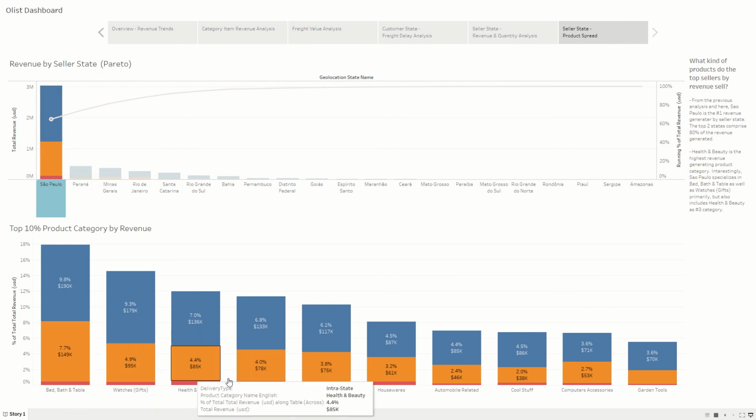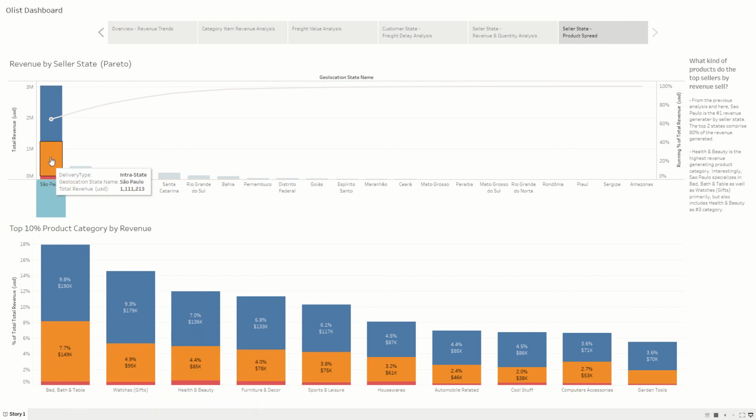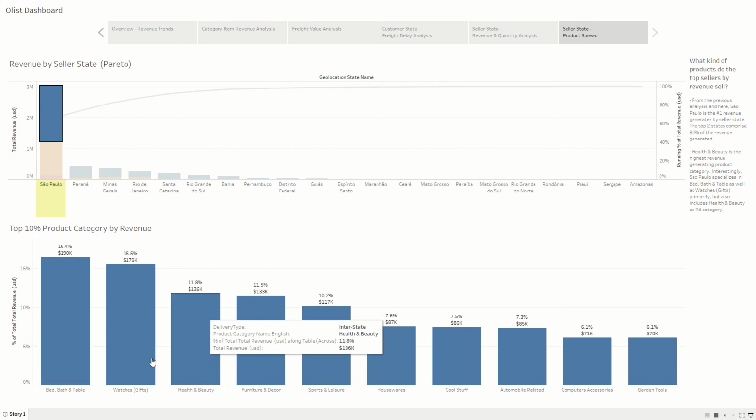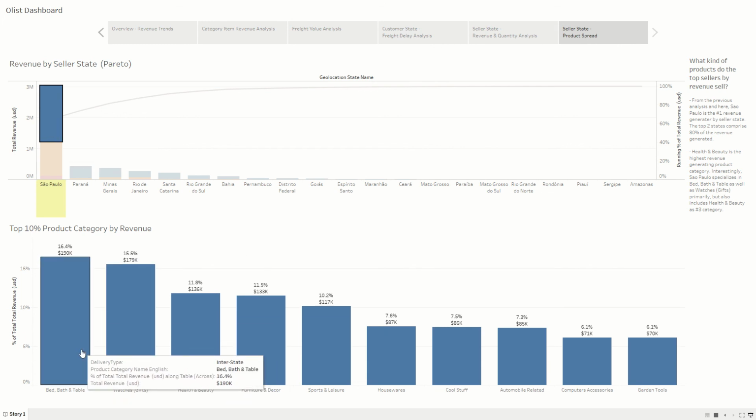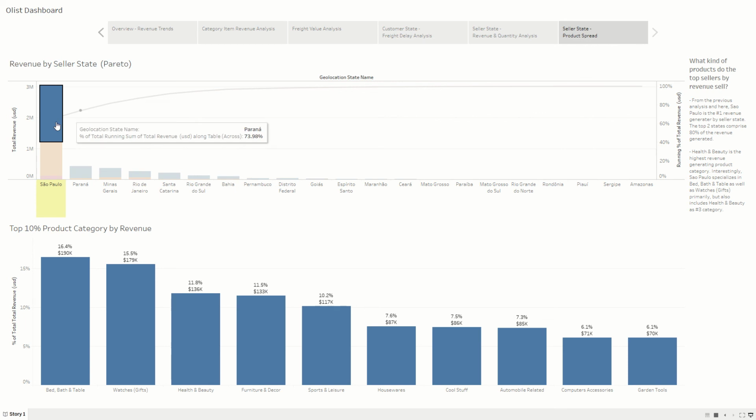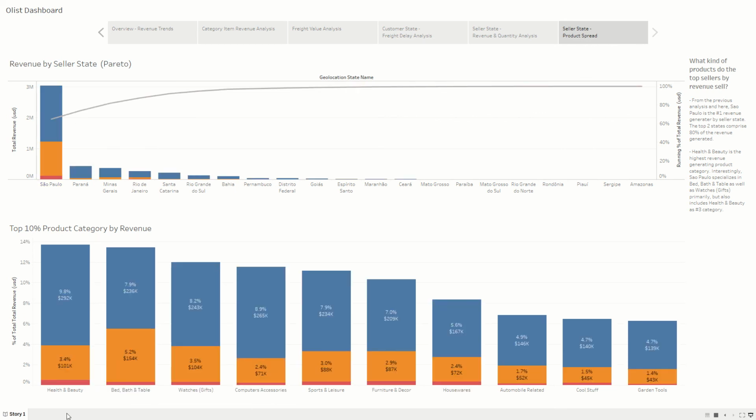Within only interstate, bed, bath, and table is the highest. We can tell even without filtering for all the states, health and beauty is in the topmost, and there are quite a lot of interstate deliveries for this.